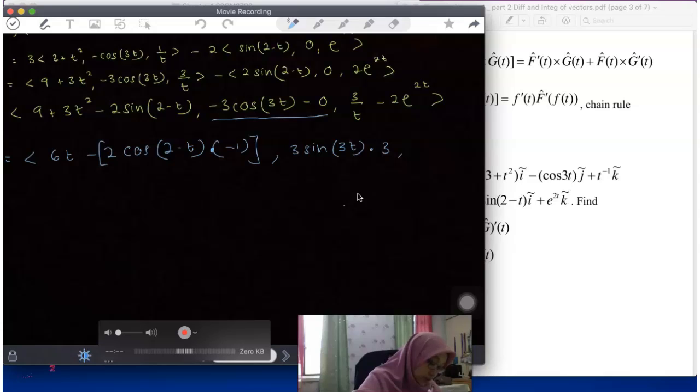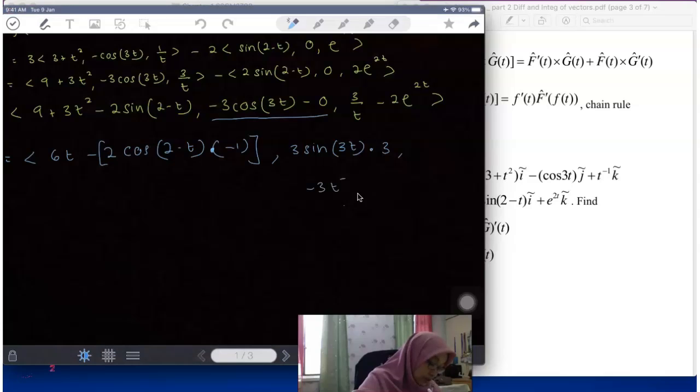Minus 3t minus 2, and then you have minus 2e to the 2t, multiplied by another chain rule.